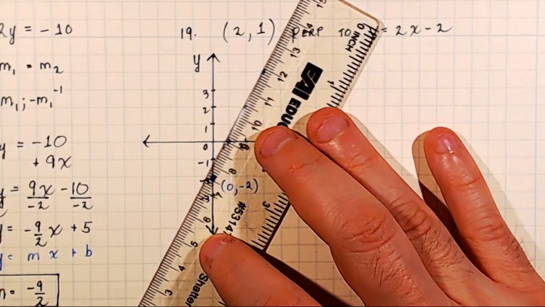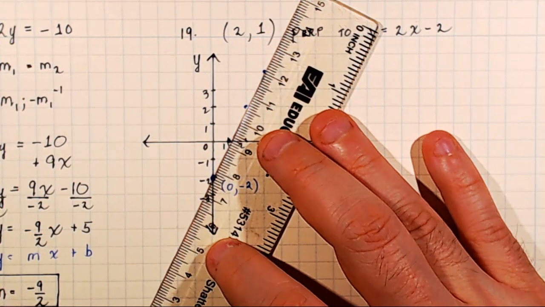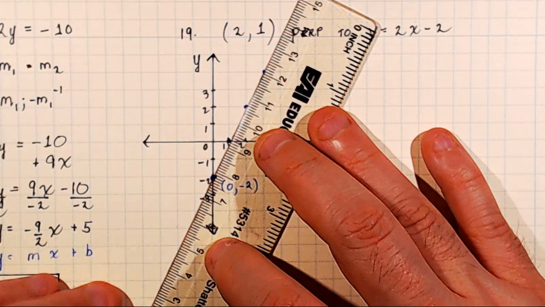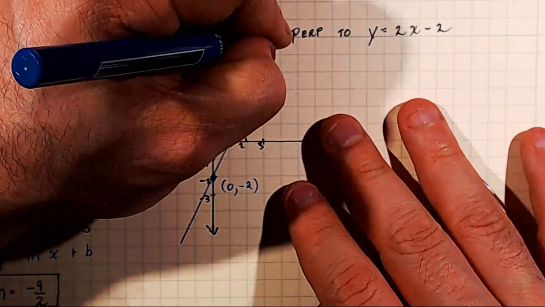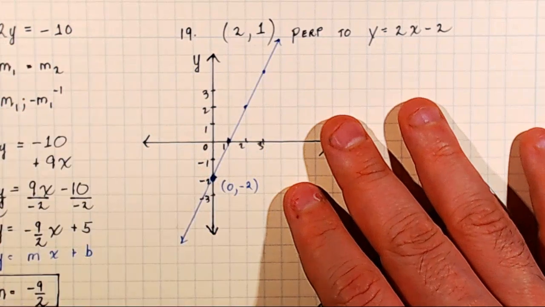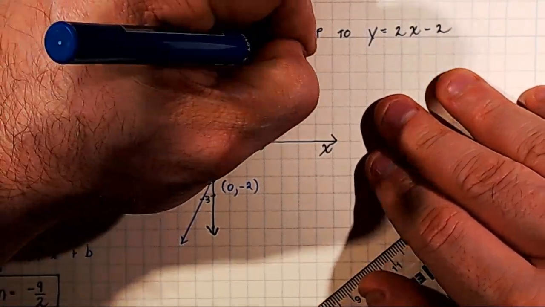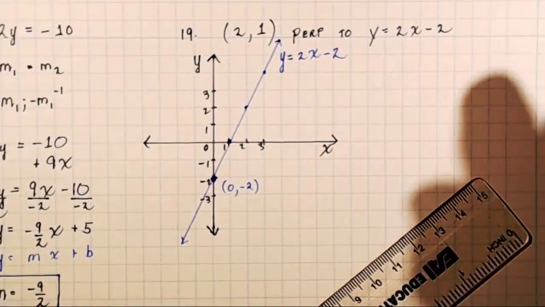Then you connect the lines, draw it in. We'll try to be even more careful this time. And this is the equation in blue, y equals 2x minus 2.